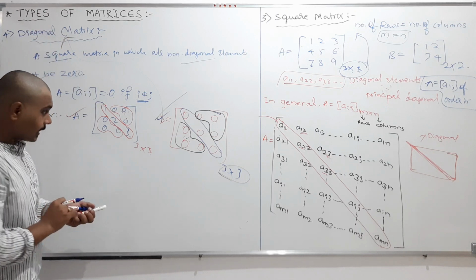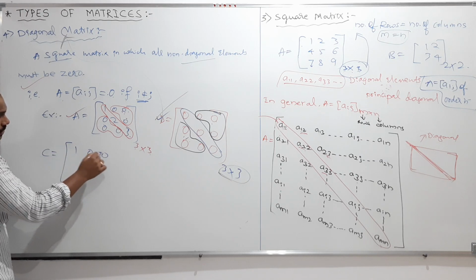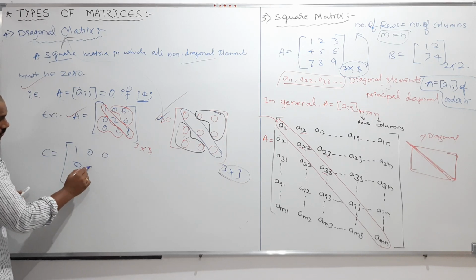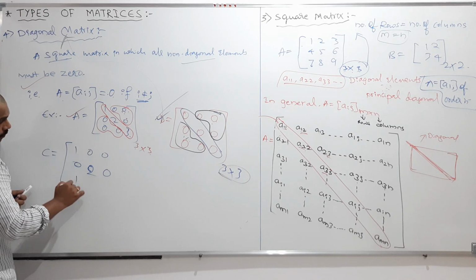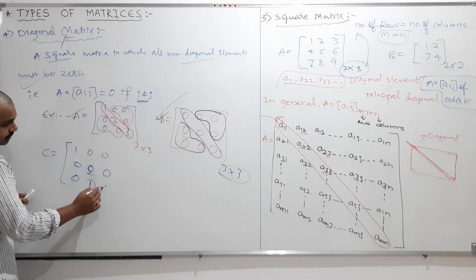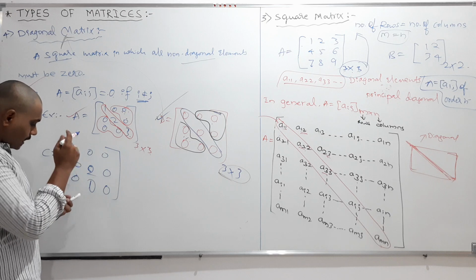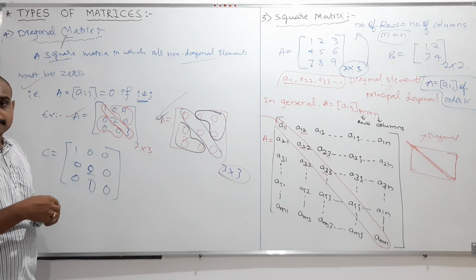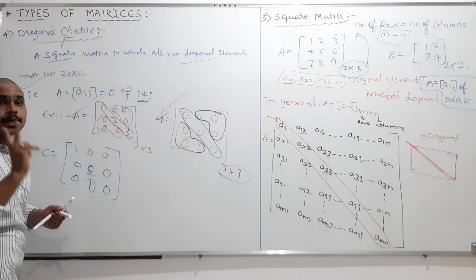Clear? Yes. I'll take another example. So here it is 1 0 0, 0 2 0, and next 1 1 0 0 0. Is it a diagonal matrix, my dear students? You should check only two conditions.